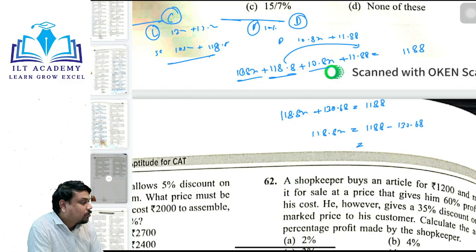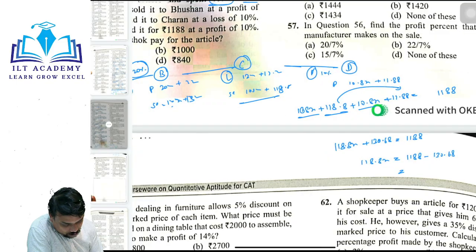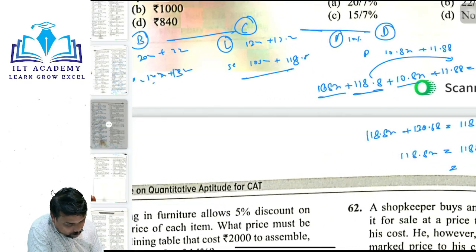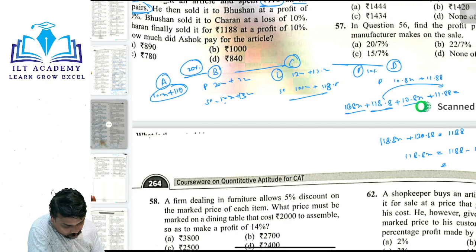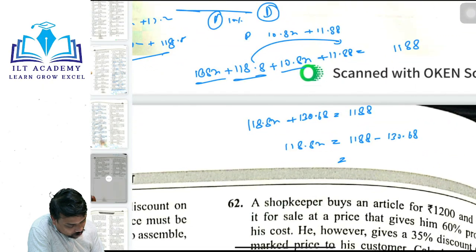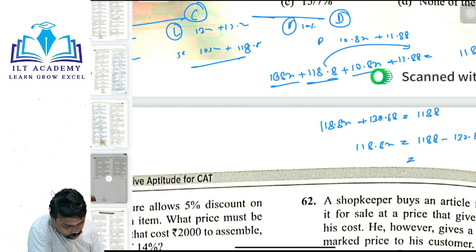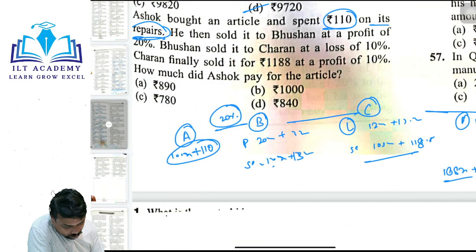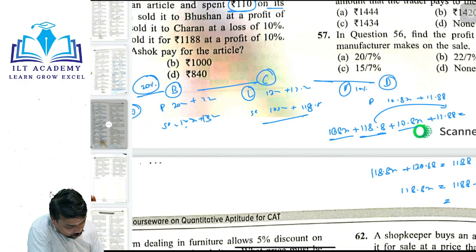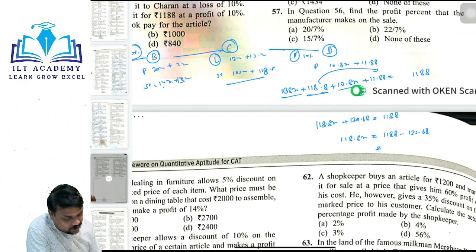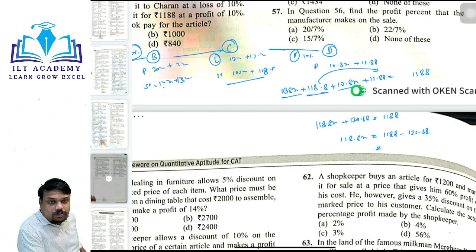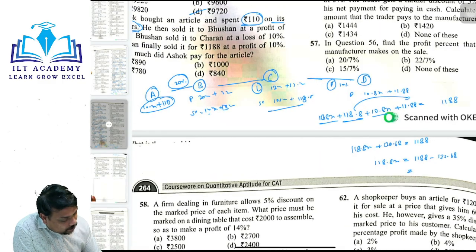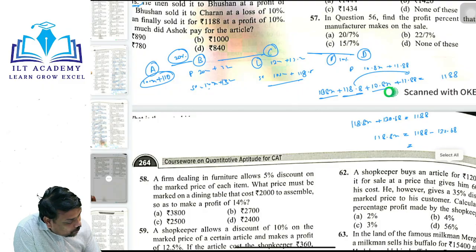Do this. 1188 minus 130.68, divided by 118.8.